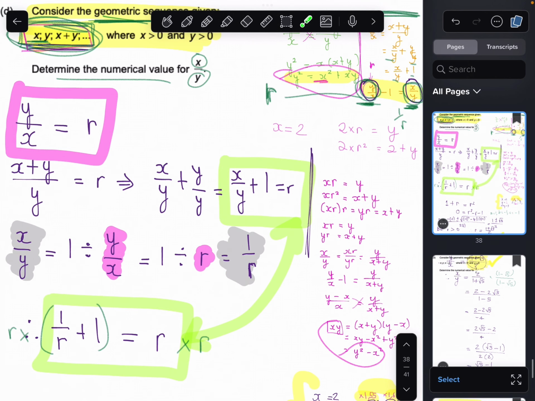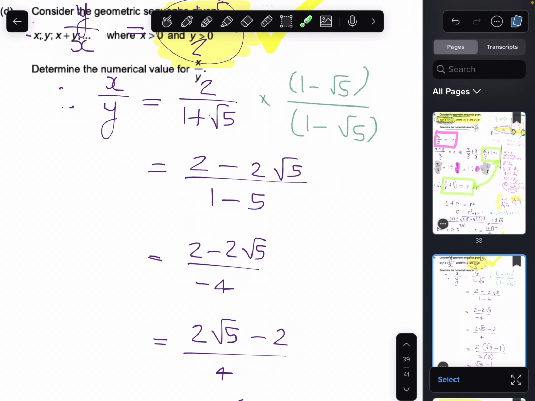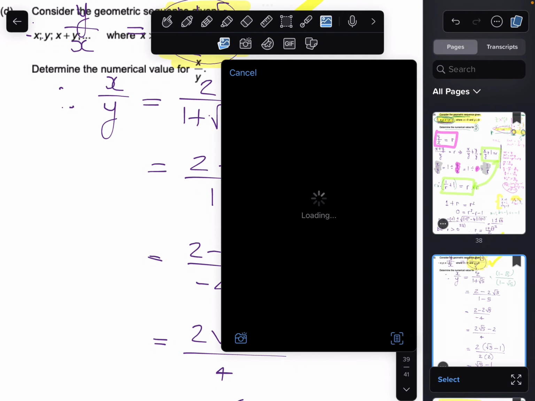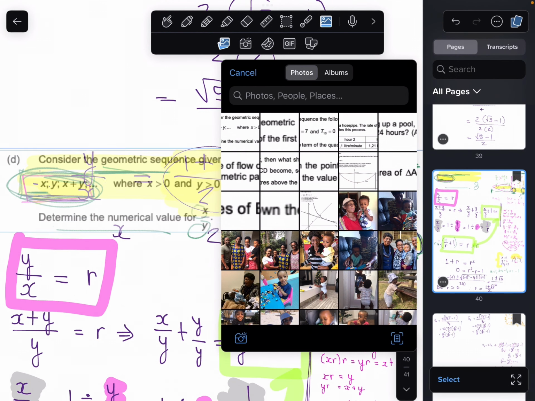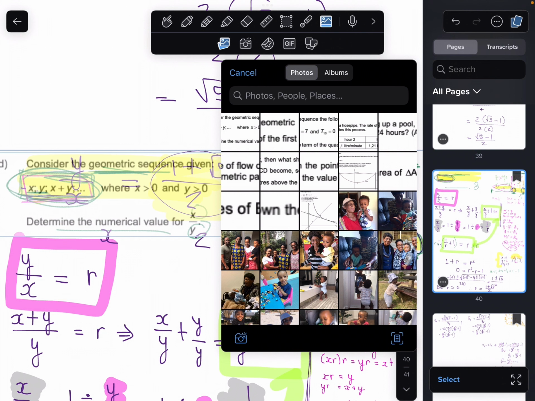Why did you, oh my goodness. This guy remained here. Okay, let's see if we can move you to where you belong. Okay, lots of scribbling.